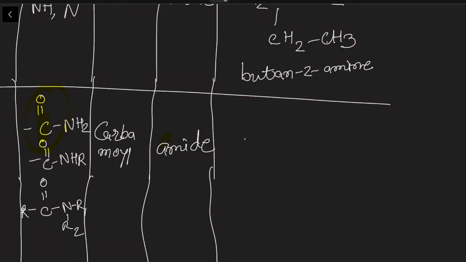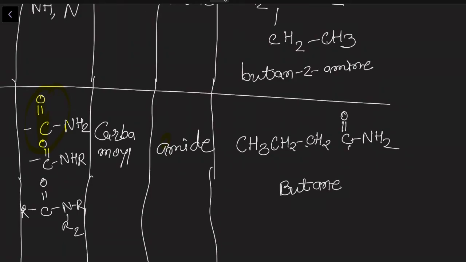Let's see how we use it in naming. CH3, CH2, CH2, C double bond O, NH2. And so we want to name this. We're going to count 1, 2, 3, 4 carbons. So but-, it's butane.